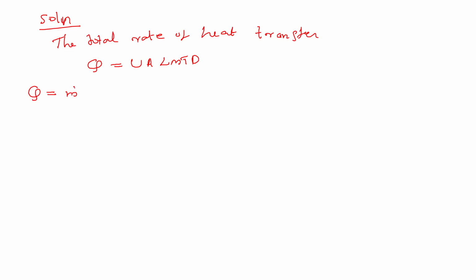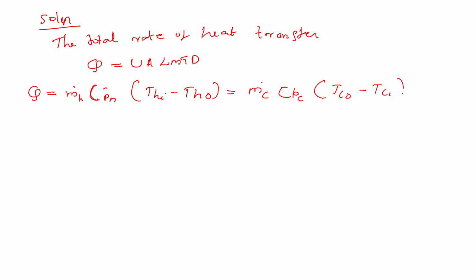Q will be the mass rate times CP times THI minus THO, the same as MC CPC times TCO minus TCI.